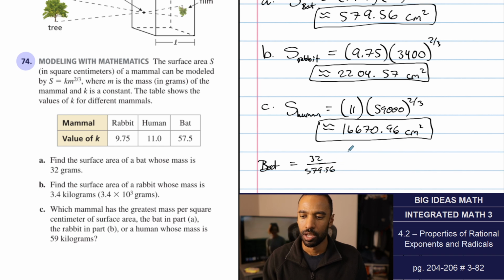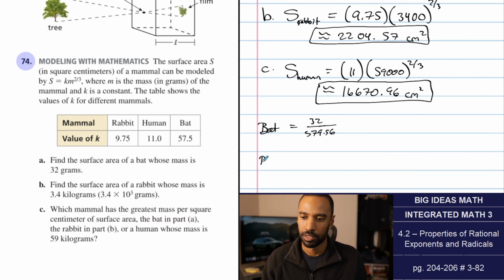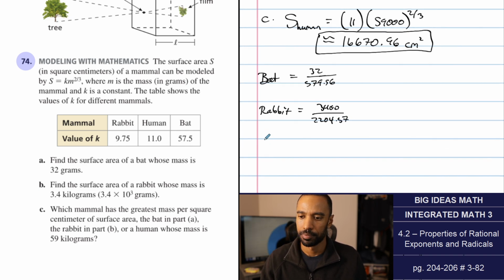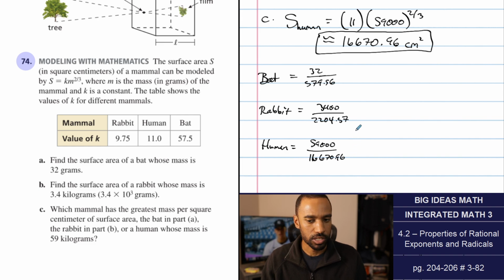We'll check the rabbit as 3,400 divided by 2204.57, and the human as 59,000 divided by 16,670.96. Now, which one is the greatest?